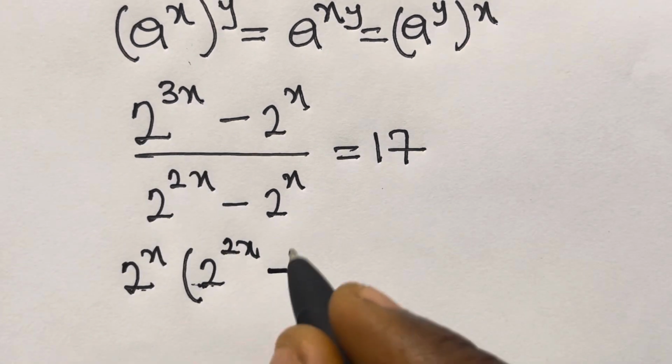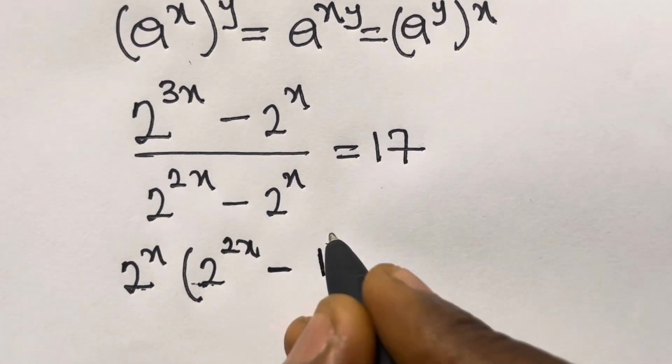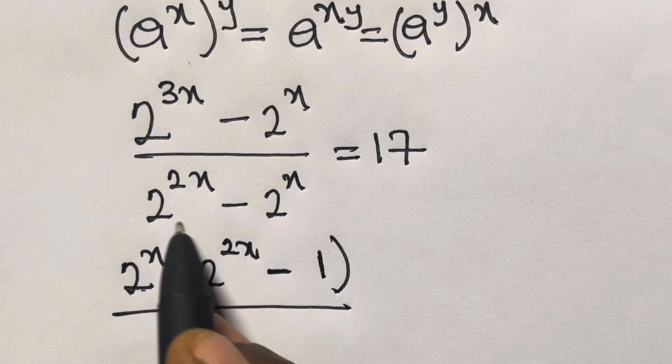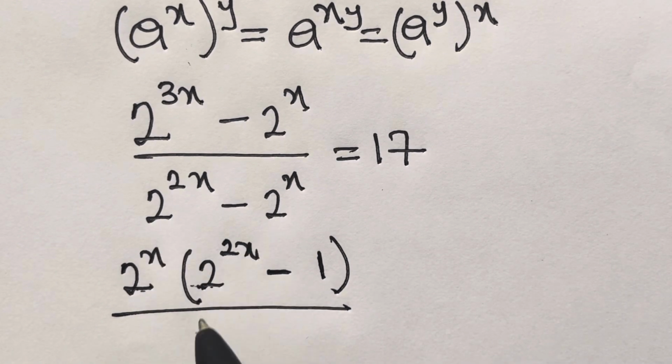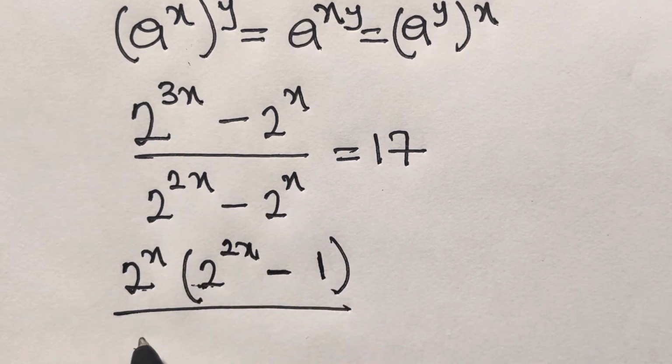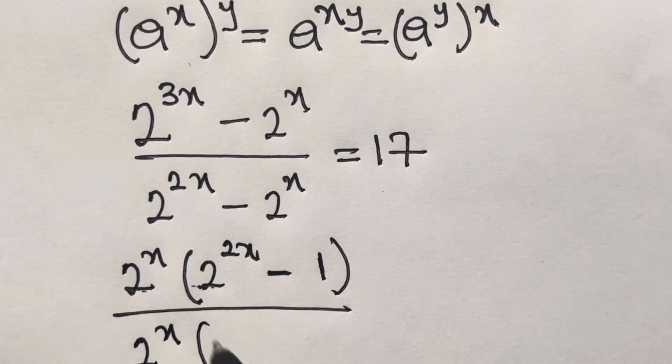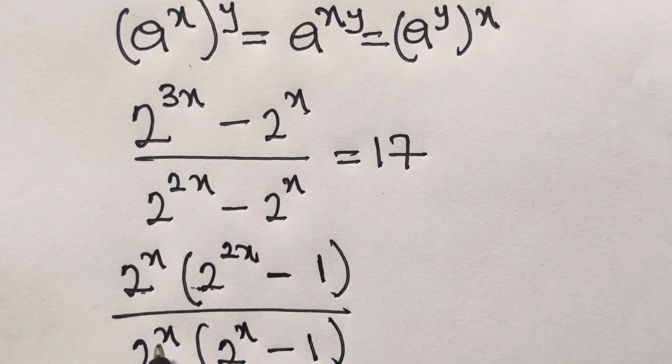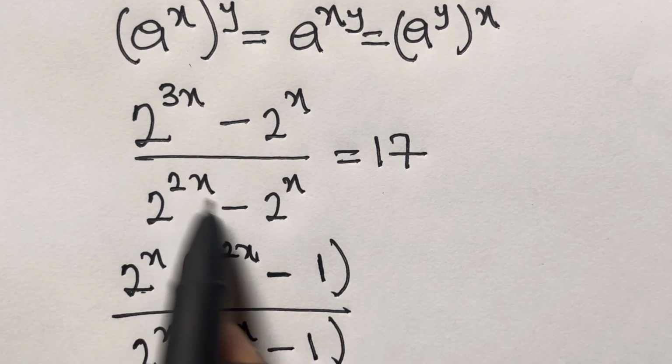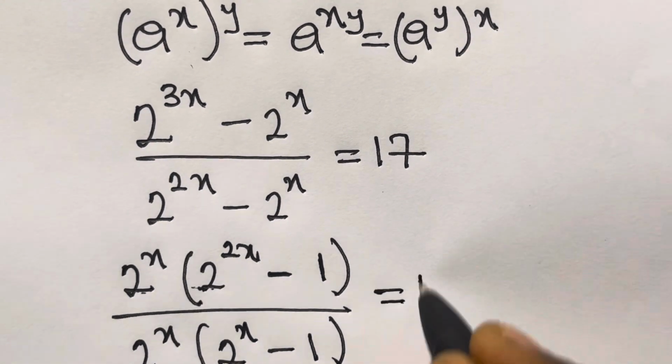The same with this. What remains here? We have 1. The same thing with the denominator. We have 2 raised to power x common here. What will be left here? We have 2 raised to power 2x minus 1. This also, x plus x, we have 2x equals 17.